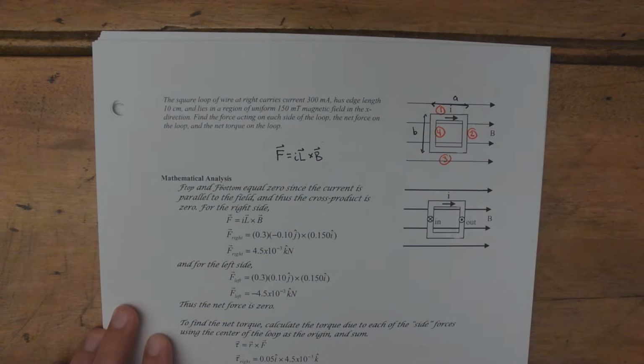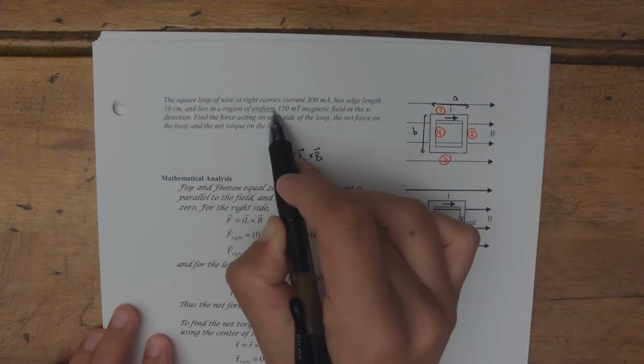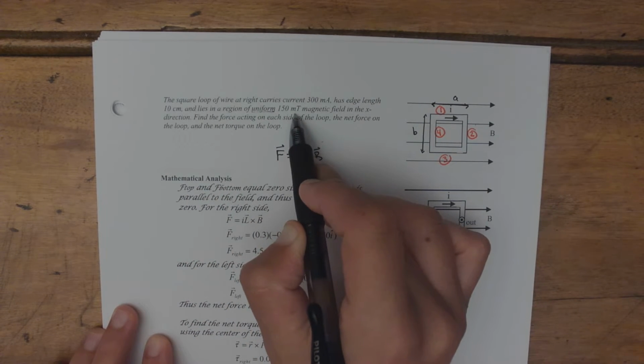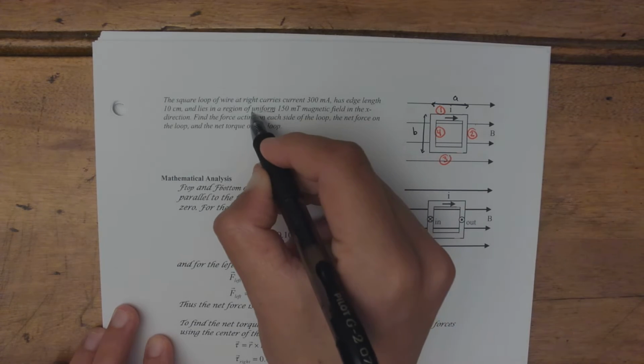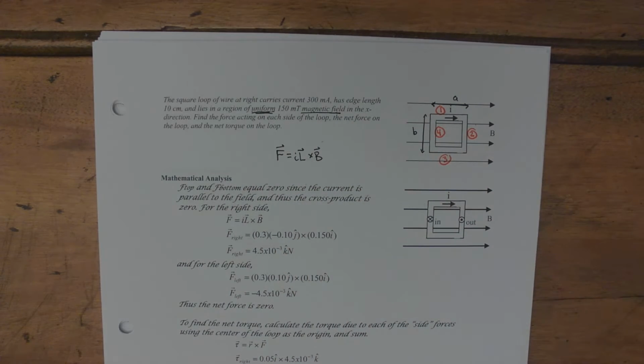Let's actually go back and read the problem. It says, it lies in a region of uniform 150 milliteslas. Those are the units for magnetic field. So a uniform magnetic field. I don't think we've ever seen a magnetic field like this before, because in the magnetic field section, the magnetic field was created by a current carrying wire, and the magnetic field was always going in a circle around the wire.